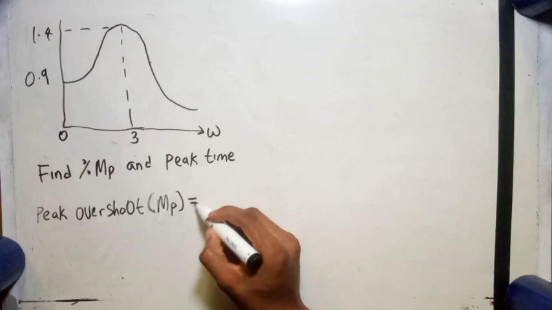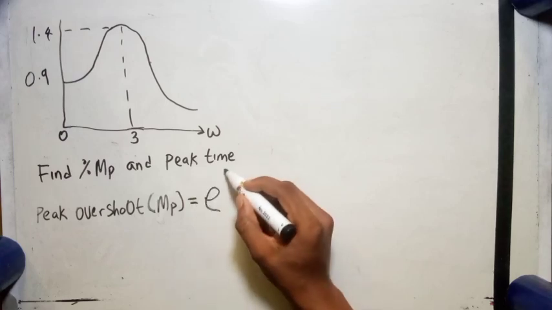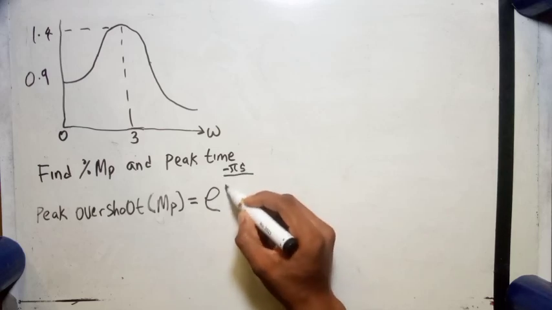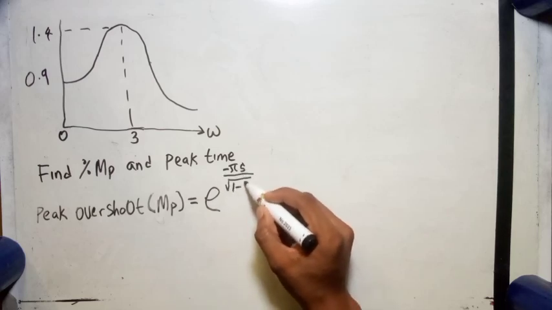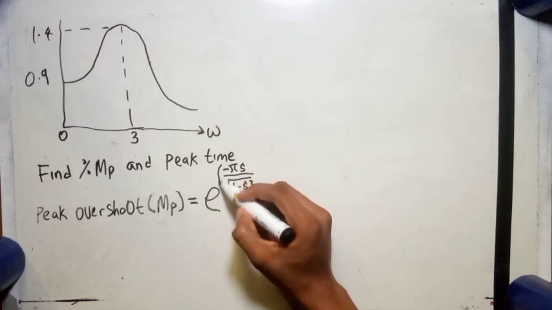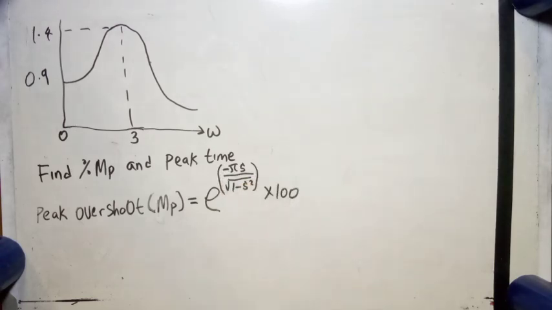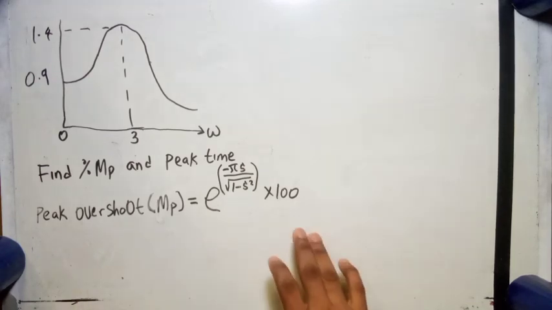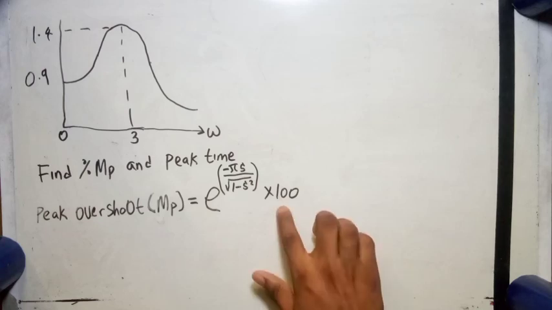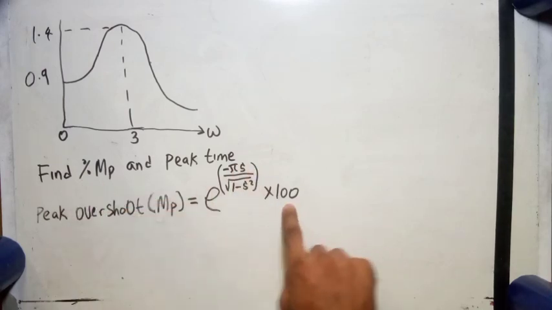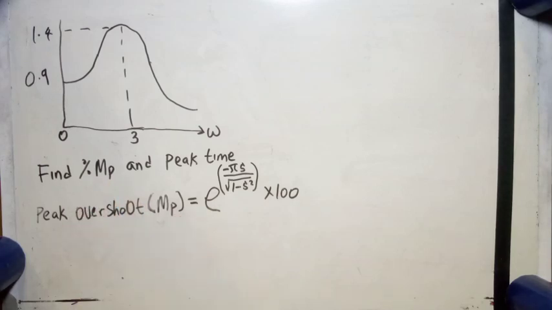So this is equal to exponential raised to power minus pi zeta over the root of 1 minus zeta square. Now all this is multiplied by 100. So this is our formula. The reason for this 100 is because this is a percentage, so whatever answer we get, we multiply by 100 to get it in percentage form. The only issue now is that we don't know what our zeta is.